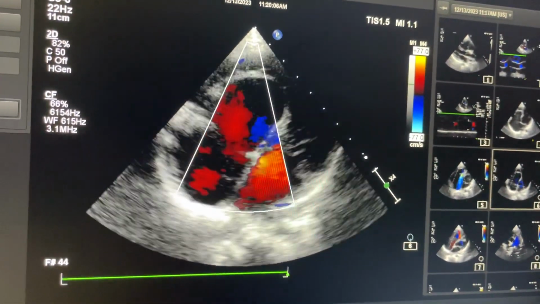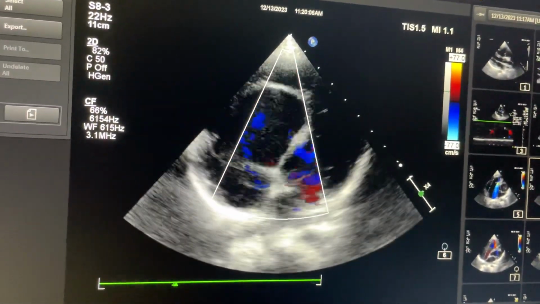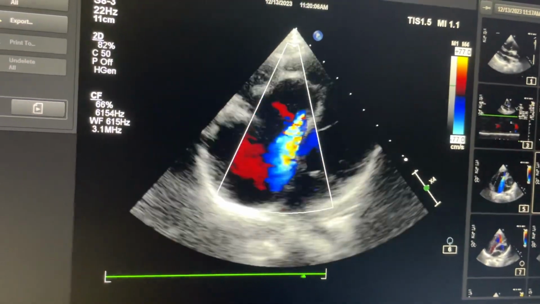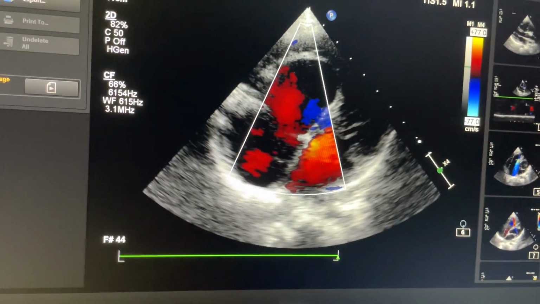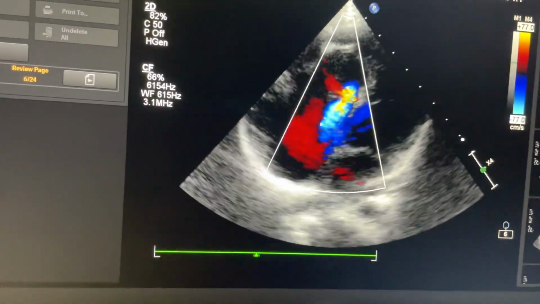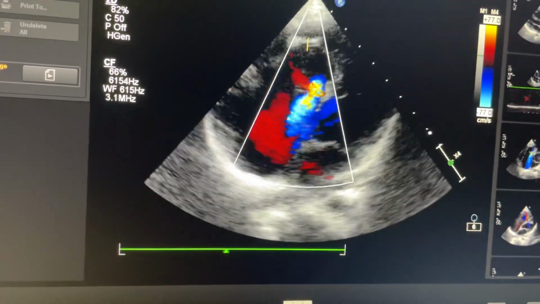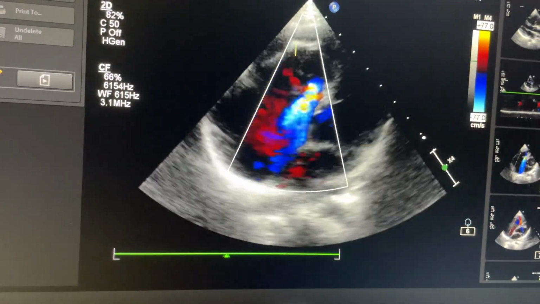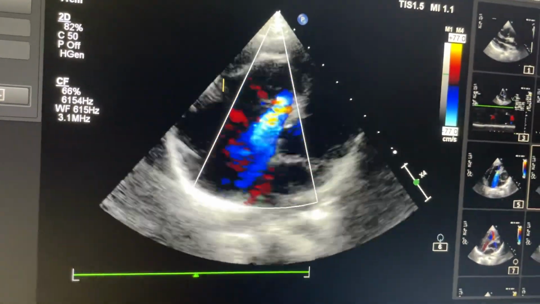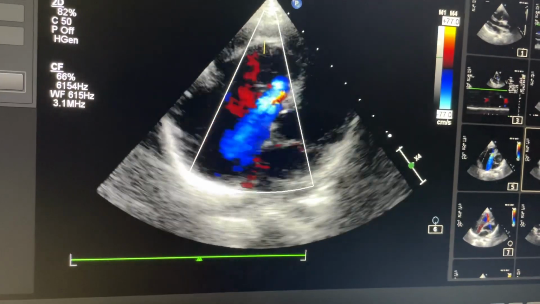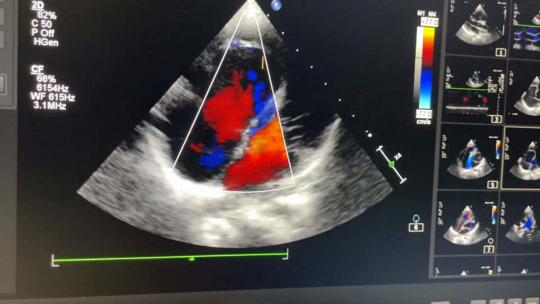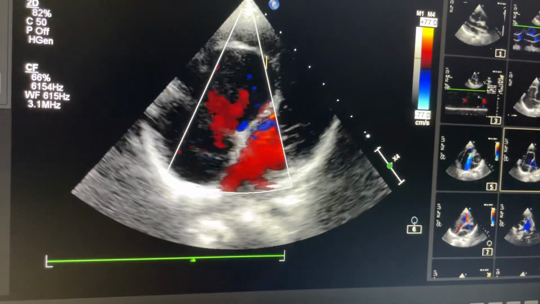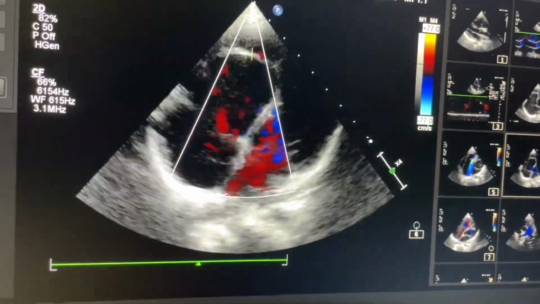In this image, just see. This is the attached portion. This is attached portion, a portion from here to here. This one is free one, the free portion of anterior leaflet of tricuspid valve.